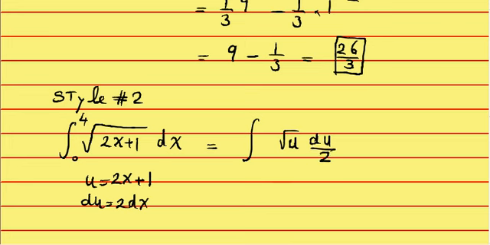The thing that is new here is that the limits also get substituted. That is, if x is 0, u becomes 1. If x is 4, u becomes 9.